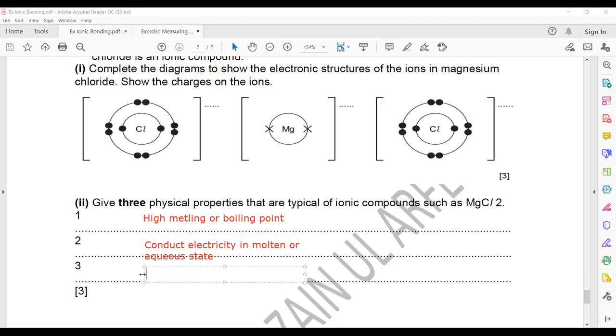And the third one, you can mention soluble in water. Most of these ionic compounds are water soluble. Is it clear?